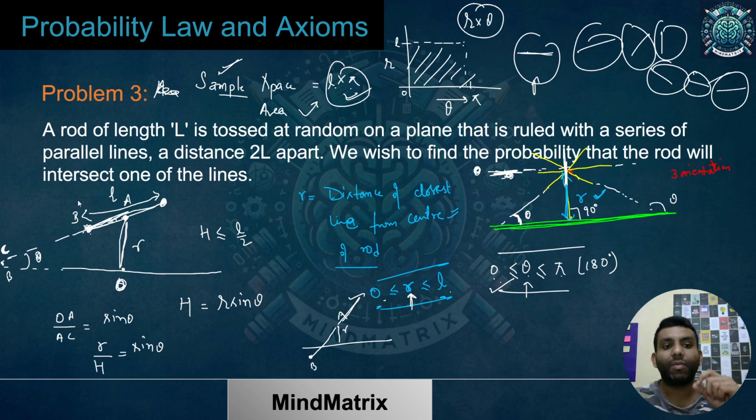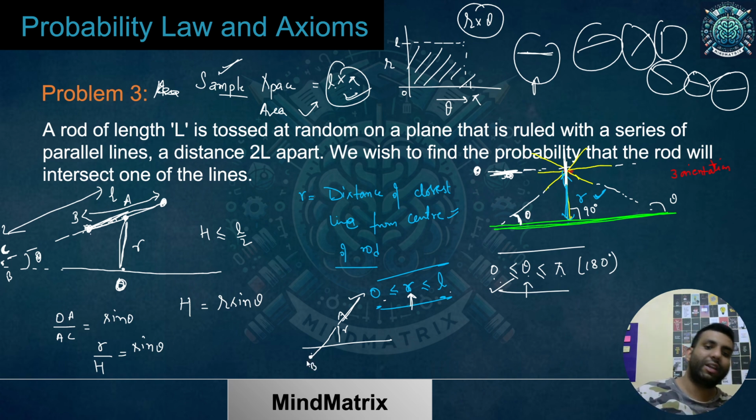So I want my hypotenuse to be lesser than this. If I decrease this AC size lesser than AB, then I can ensure that the intersection takes place, because in that case my B end point will be either on the line or will cross the line.